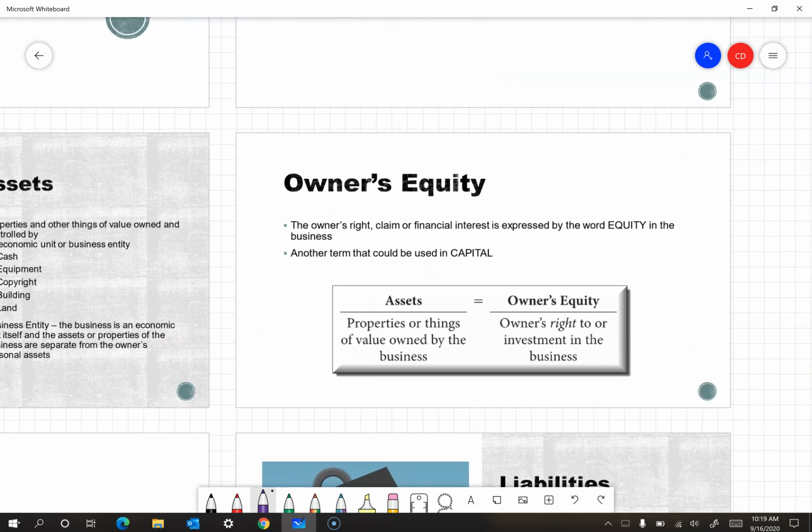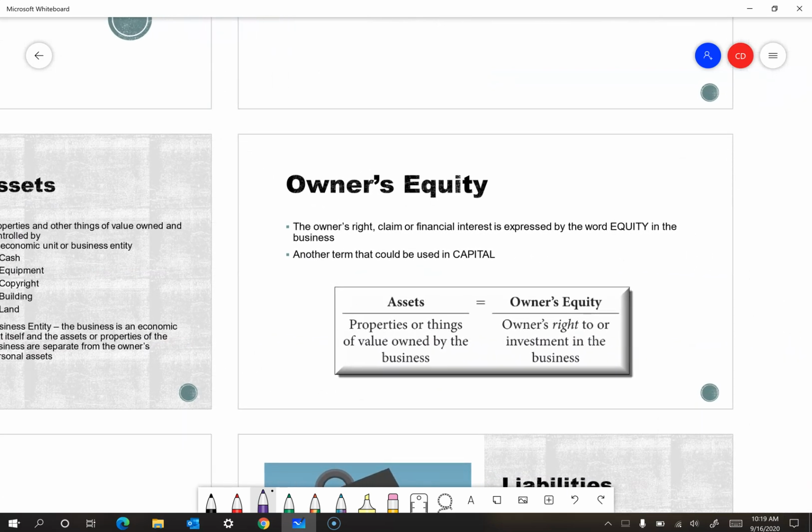One of the other categories that we need to look at is what's called owner's equity. Okay? And this is the owner's claim or their financial interest in the company. You will also hear this mainly referred to as capital. Okay, so the owner's equity is the capital in the company.